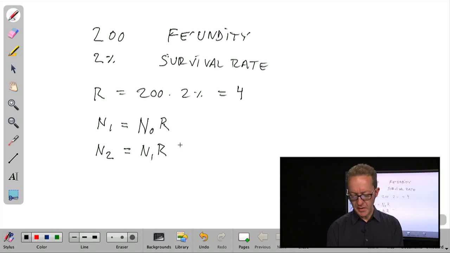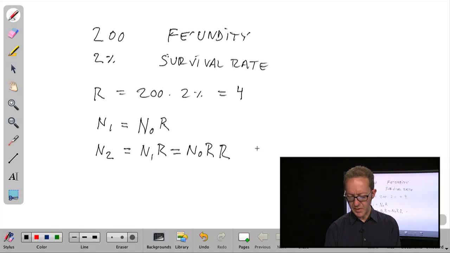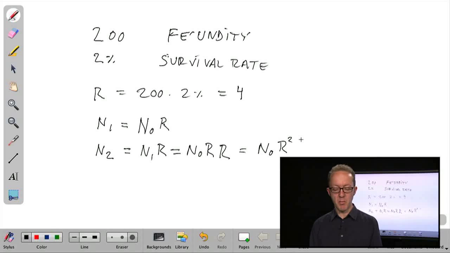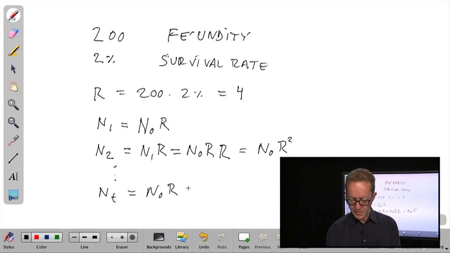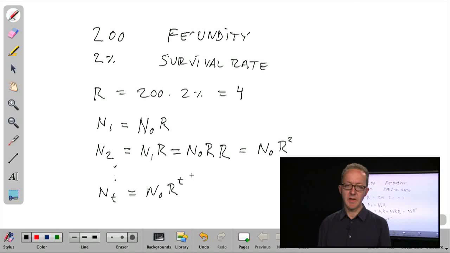However, we know, of course, that N1 was the same as N0 times R. So the number of individuals at time point 2 is N0 times R, or said more succinctly, N0 times R squared. More generally, you can probably see that if we continue this line of thought, then after t generations, the general expression will be that there will be N0 times R to the t individuals present at that time point.